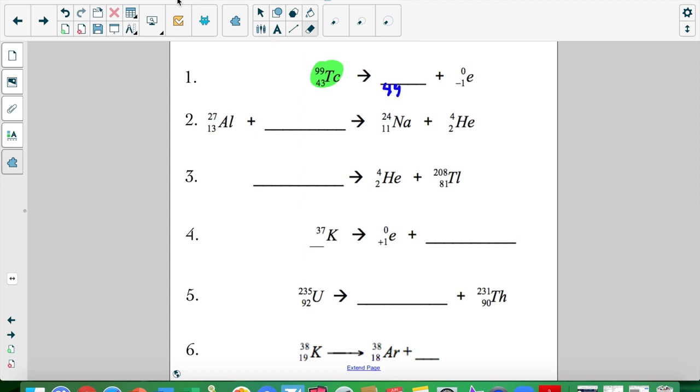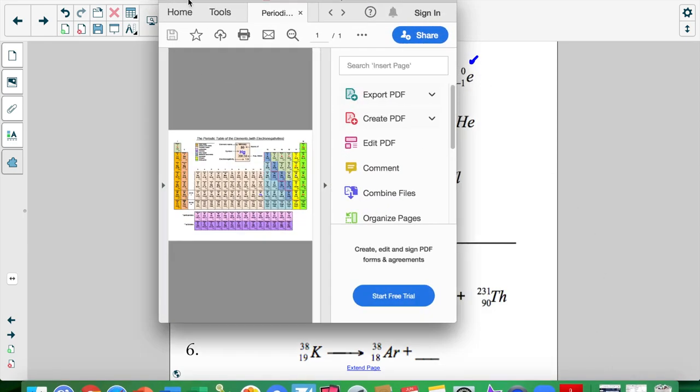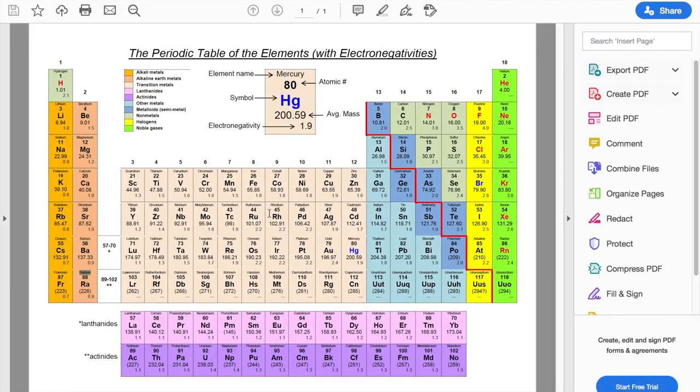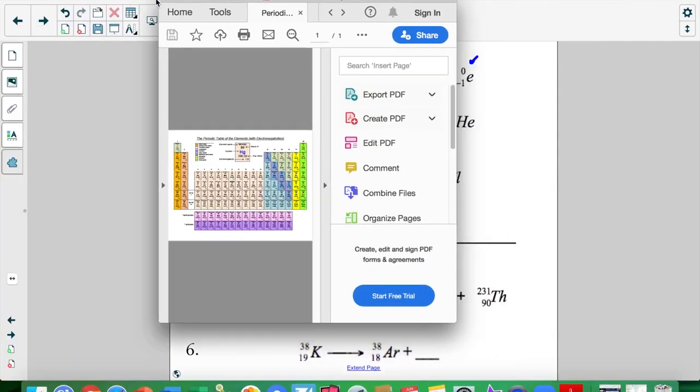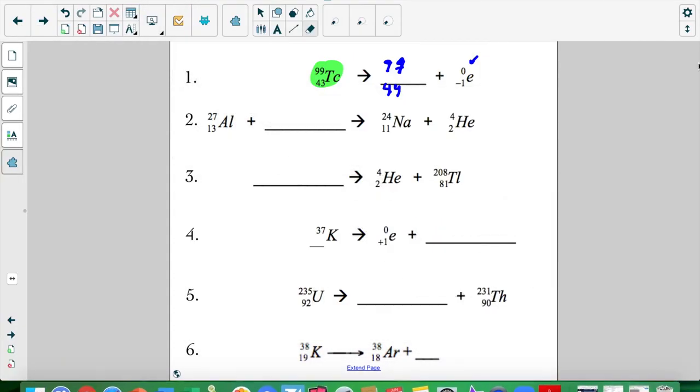And what number plus 0 equals 99. So again, I go to the periodic table, I find the element that has an atomic number of 44, and we see that that element is going to be ruthenium. So I go back to my slide over here, and what I have to write here is going to be Ru.